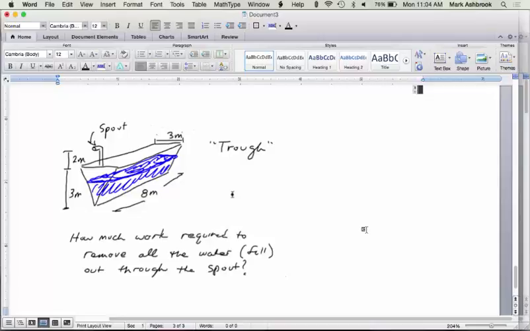The problem you're doing is that the trough is full, full to the top. Somewhere in the process, it looks like this, but you're going to calculate the work to empty a full trough out through the spout. We're just going to set up the integral.